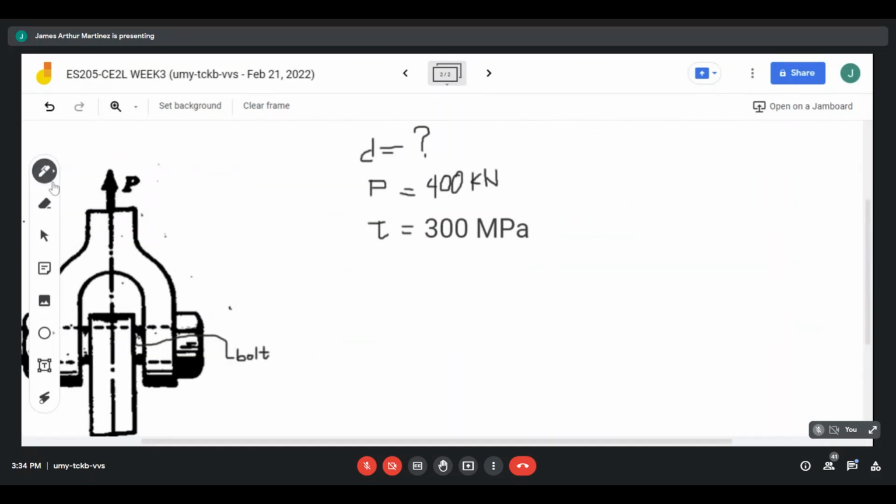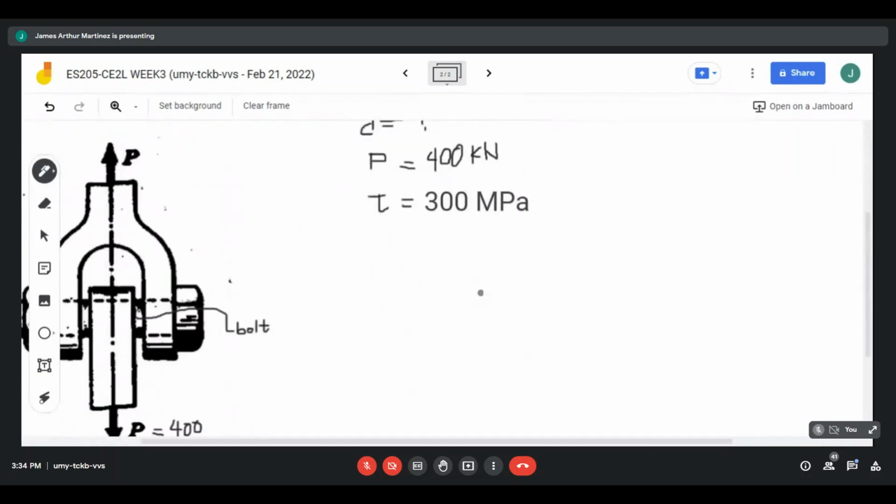So ato lang i-apply ato ang formula for shear strength or shear stress rather. Tau is equal to V over A.